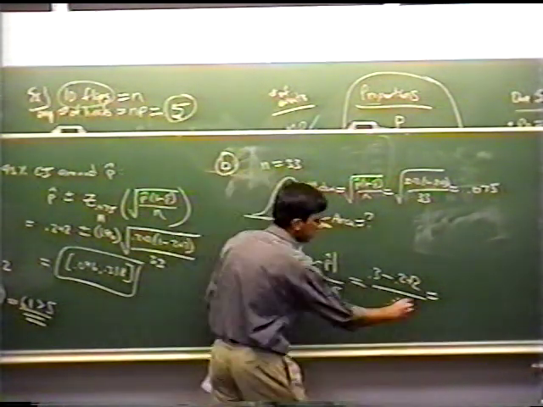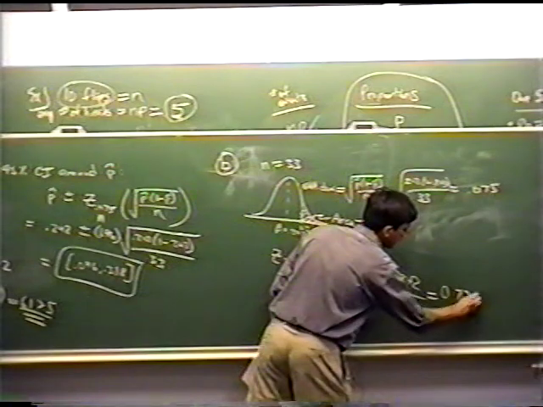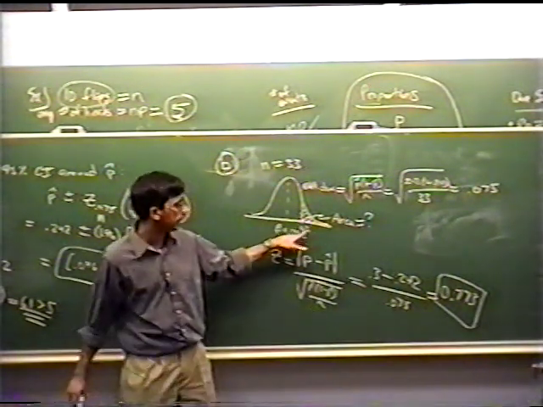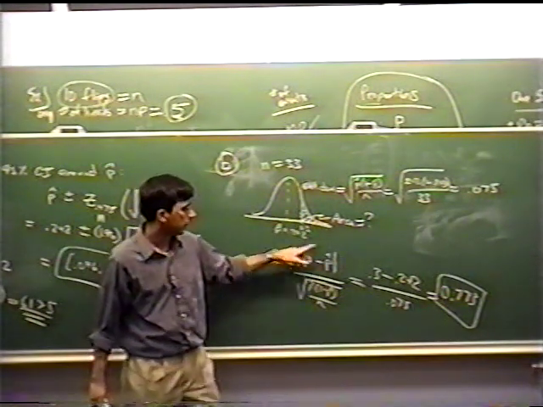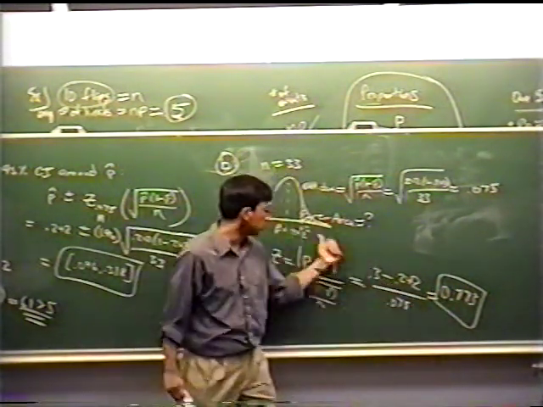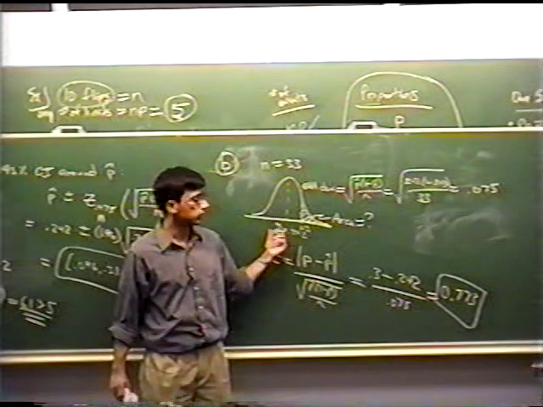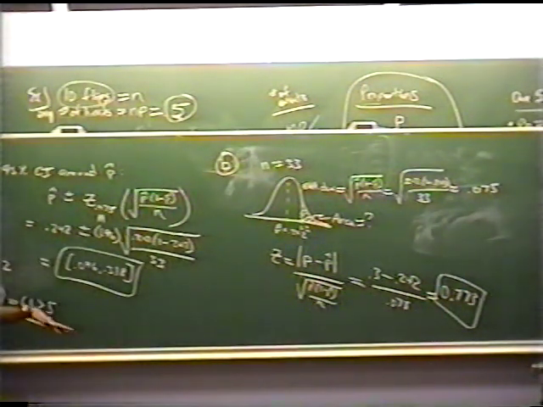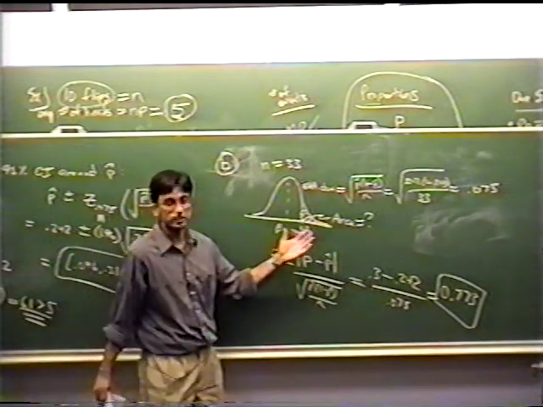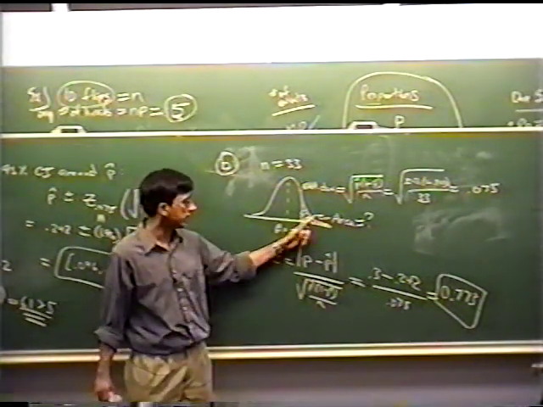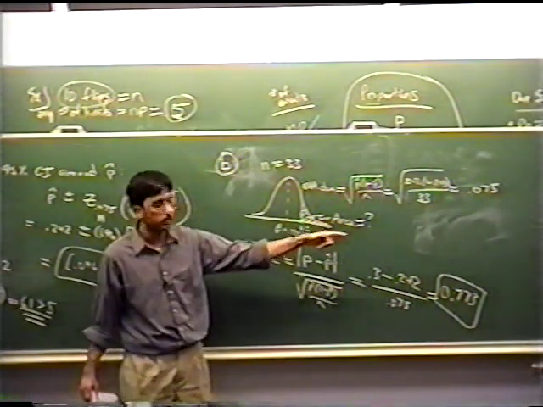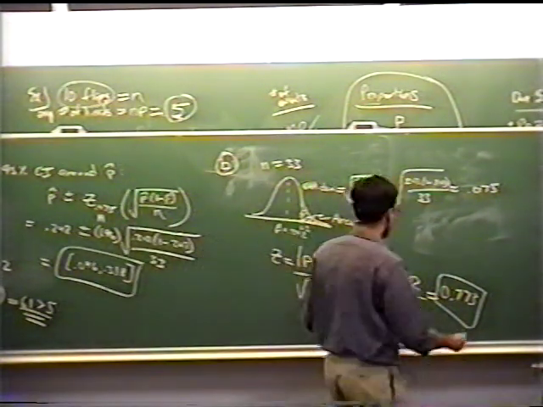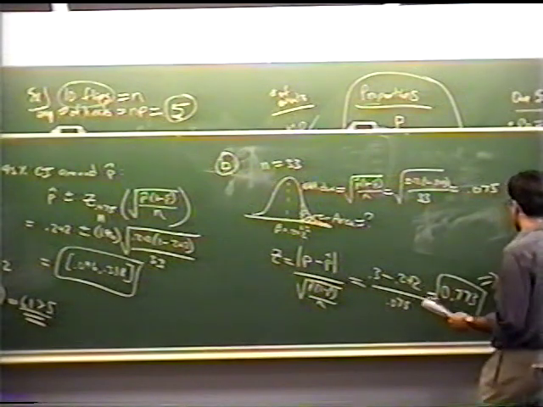And when you do that, you get that your value is 0.773. So this probability of 0.3 is this number of standard deviations away from the mean. So you now look back at your normal tables. Is this a one-sided or two-sided test? One-sided, we're only interested in those values greater than 0.3. So we calculate that area. When you look at your normal tables, you get that the area is 22%.